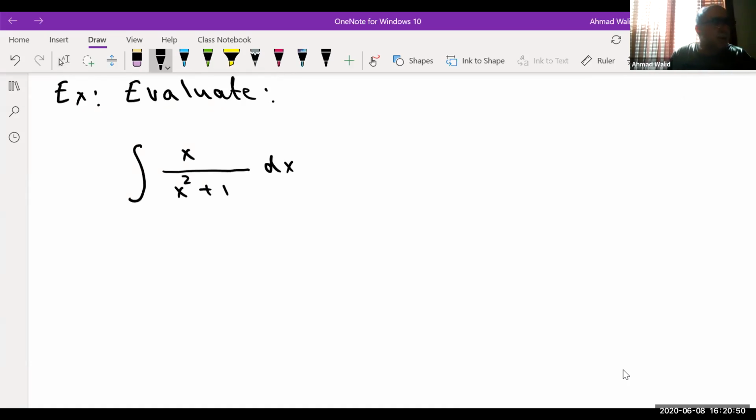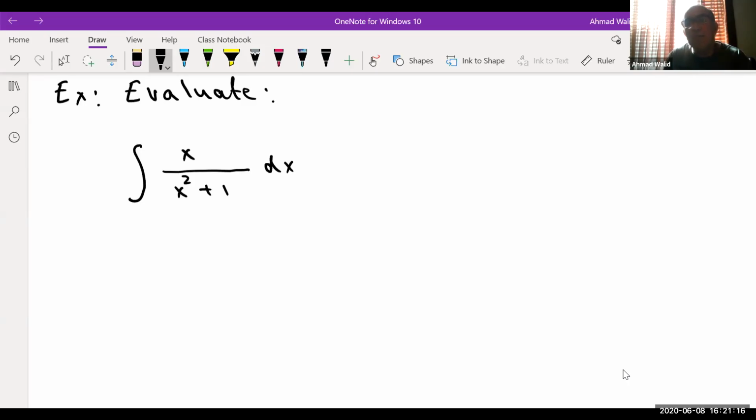How to deal with this problem? Do you see the derivative of x squared here somewhere in your function? The derivative of x squared is x, and I see it in the numerator. Then what I will do, I will use the substitution rule here, correct?